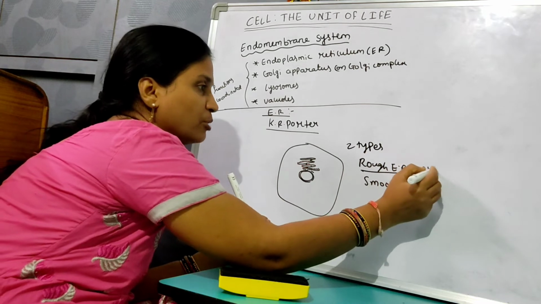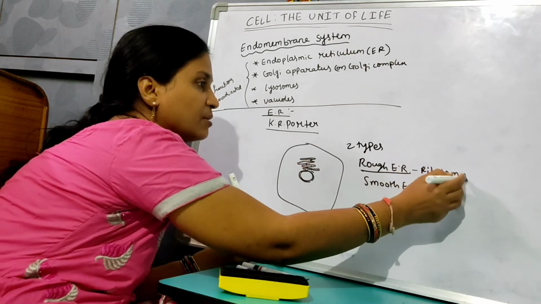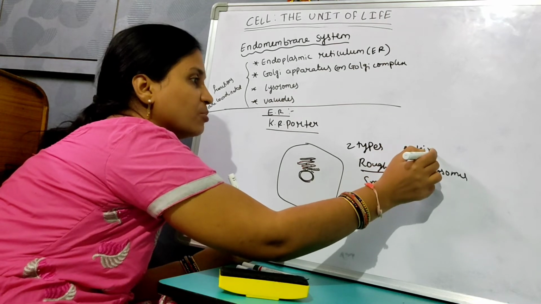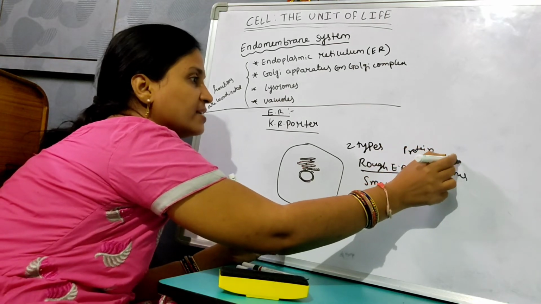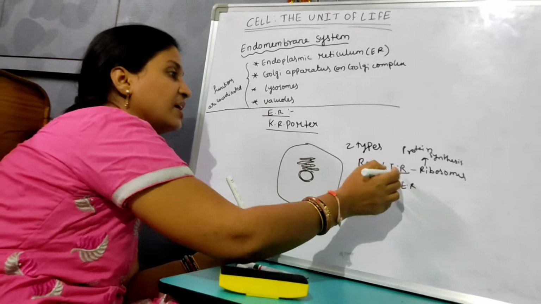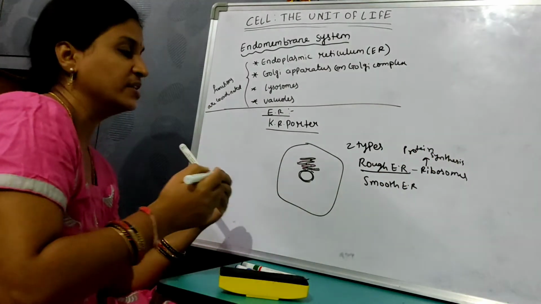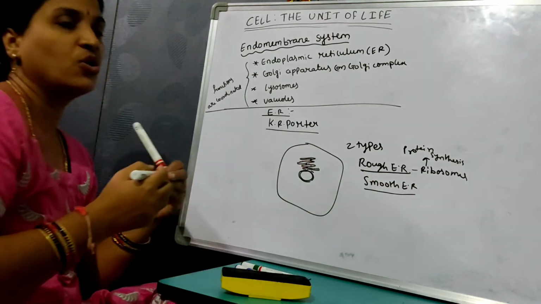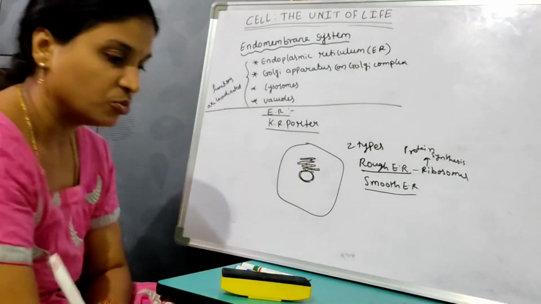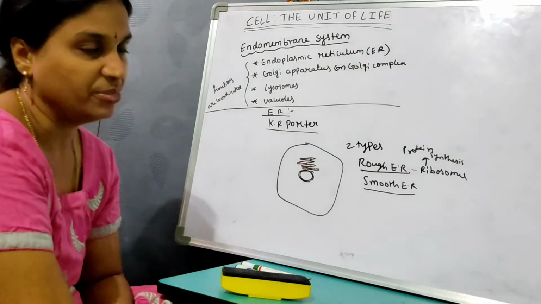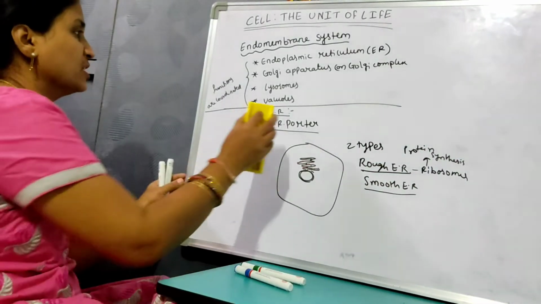Hence it plays an important role in protein synthesis, because ribosomes are important for protein synthesis. Smooth ER does not have any ribosomes, but it is very important for the synthesis of lipids. This is about the endoplasmic reticulum.